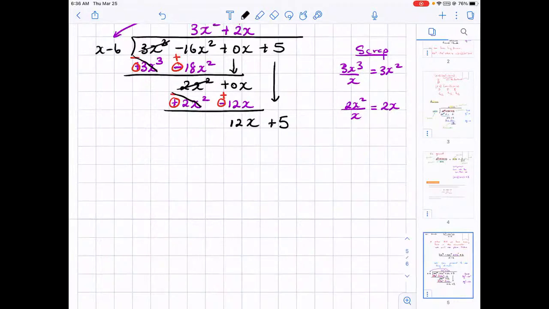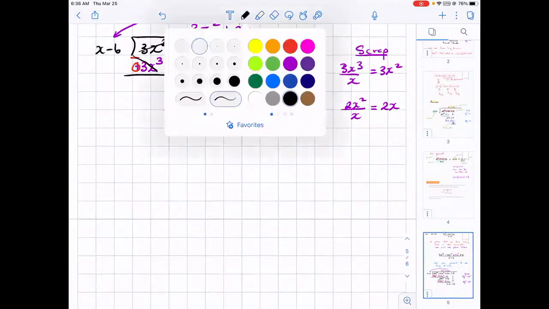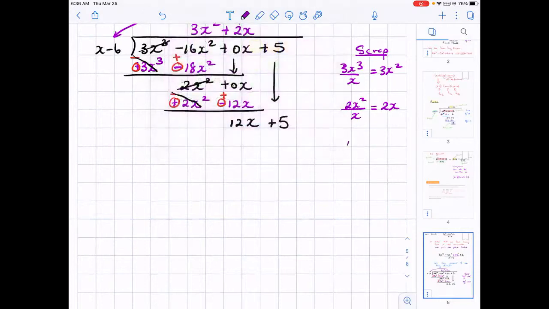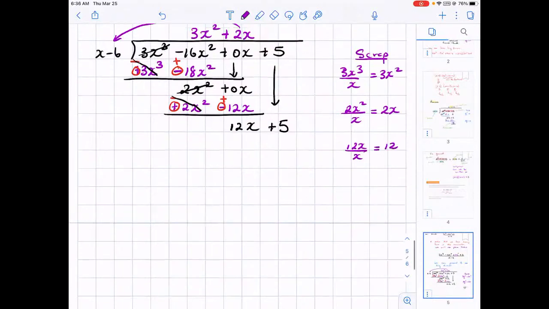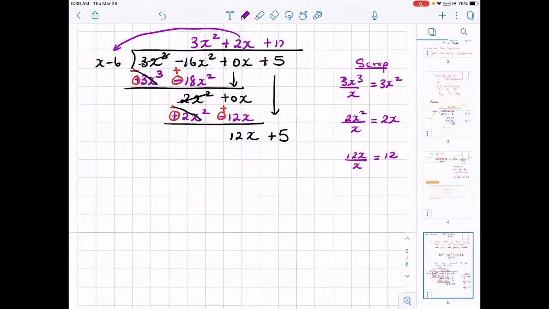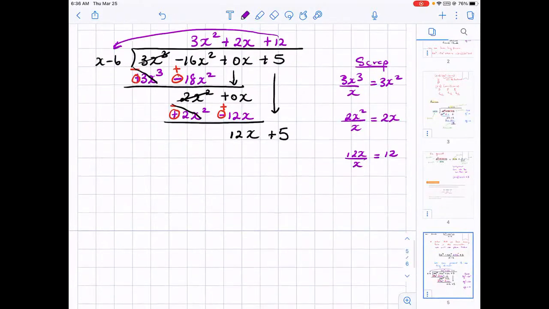So if we divide again, what is 12x divided by x? That is equal to 12. So here we write plus 12. I want to get rid of this because we'll now distribute everything here. 12 times x becomes plus 12x, and 12 times negative 6 becomes minus 72.